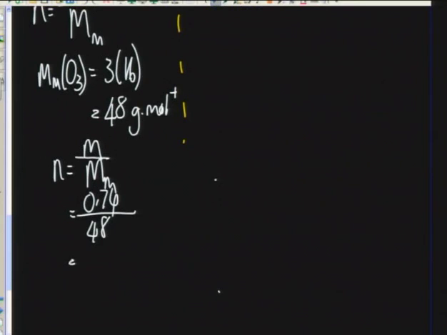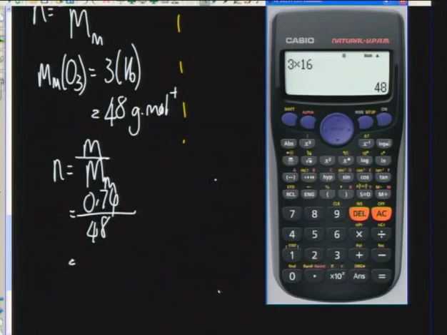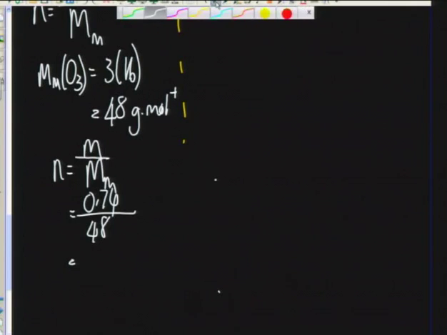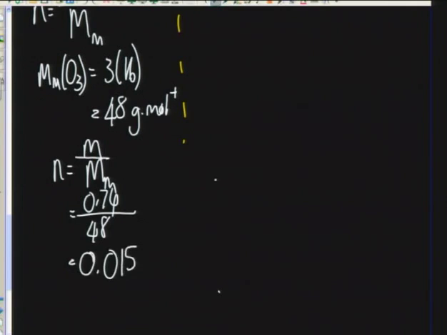On my calculator, 0.74 divided by 48, the molar mass, gives me 0.015 moles of O3.